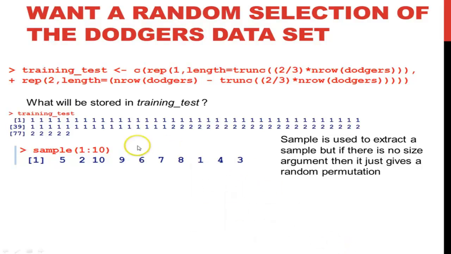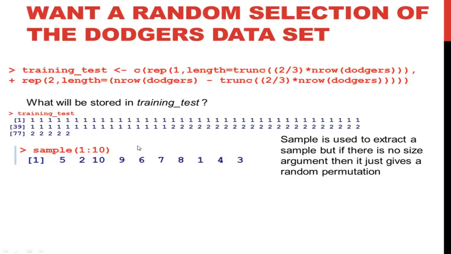Anybody guess what we're going to do next? Sample the training set. We're going to sample the training set. And what's that going to give me? It's going to give me a permutation of the training set data.